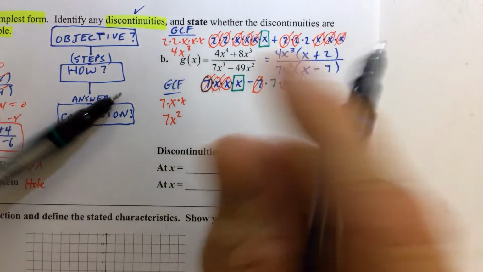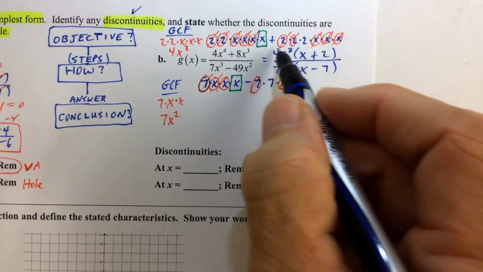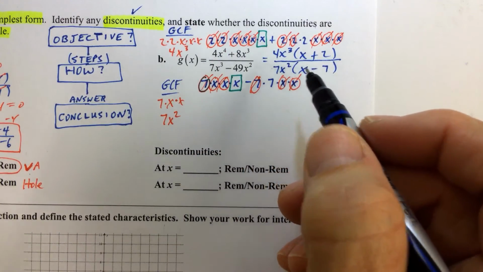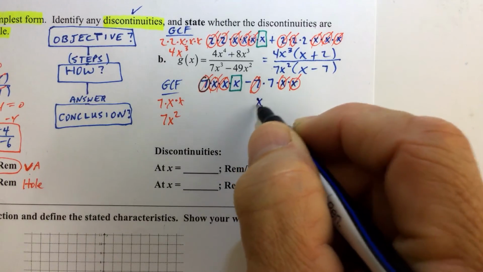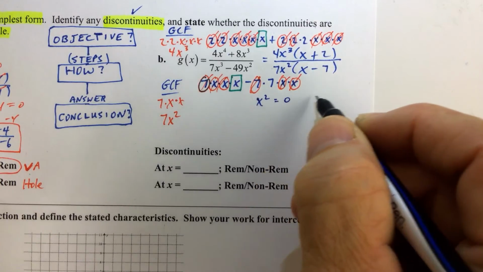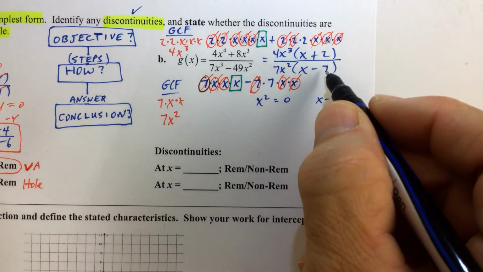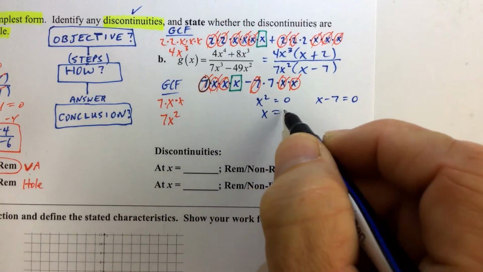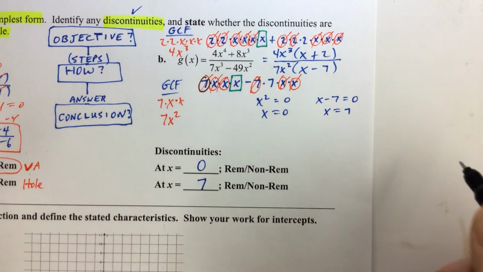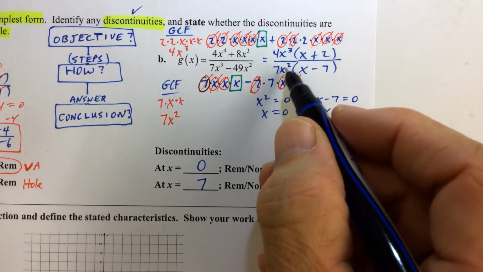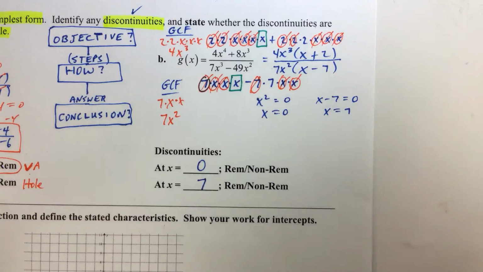So the rational function can now be rewritten in its factored form, and when we set the factors in the denominator equal to 0, x squared equals 0 and x minus 7 equals 0, and solve those equations, we get our discontinuities, 0 and 7. 0 makes x squared equal to 0, and 7 makes x minus 7 equal to 0.